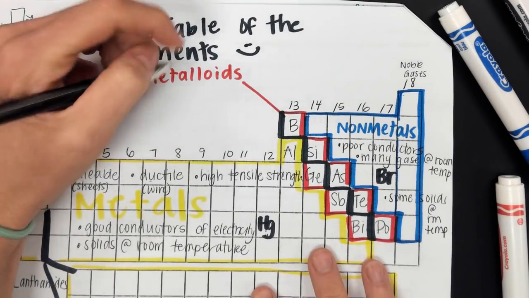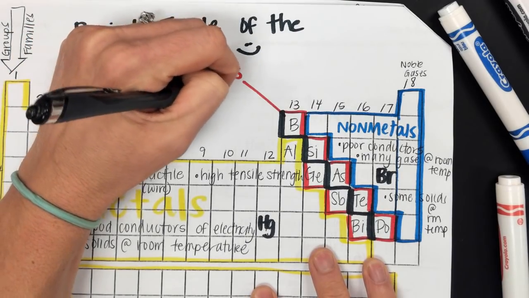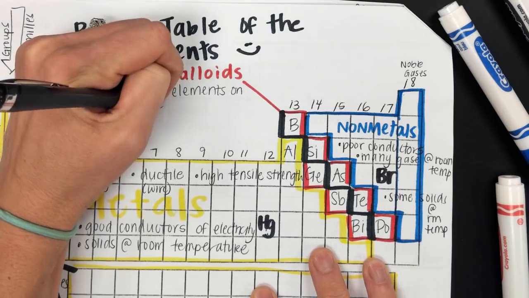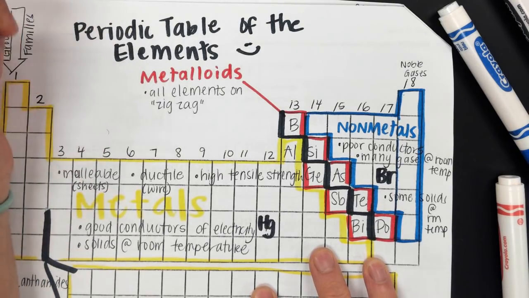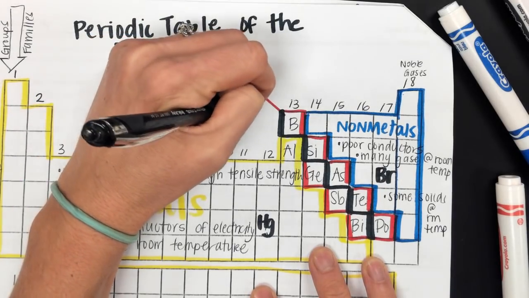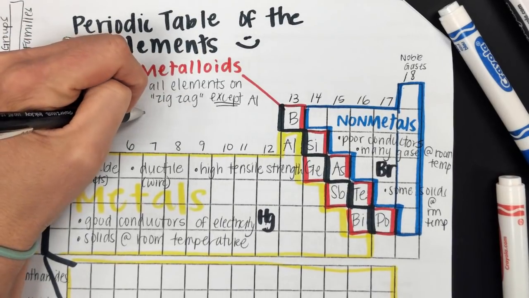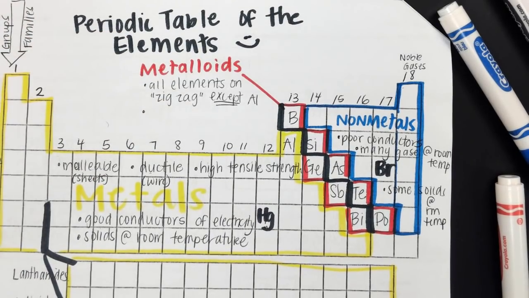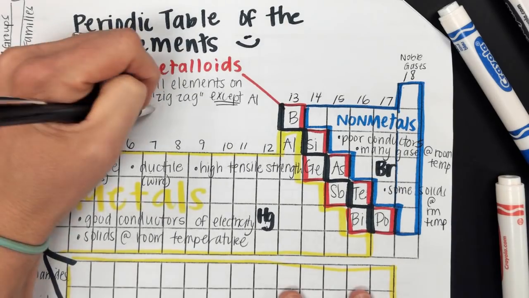Okay, so all elements on the zigzag, I will call it the staircase sometimes, except aluminum. And you guys know aluminum is a metal. They have some characteristics that are metallic and some characteristics that are like the nonmetals. So they're kind of wishy-washy.